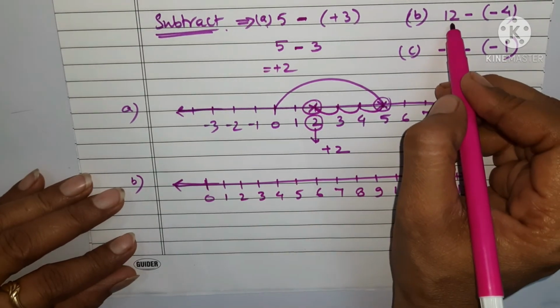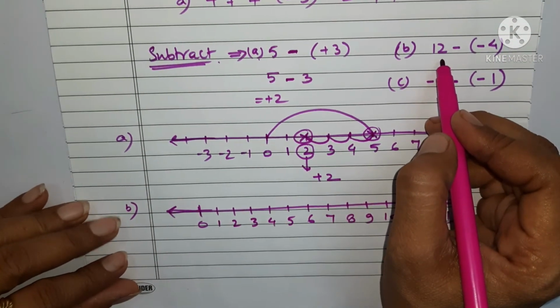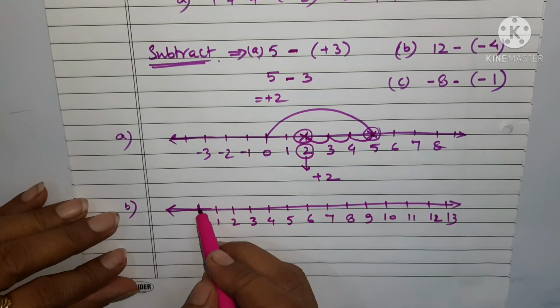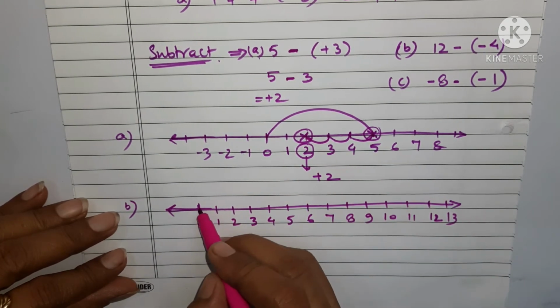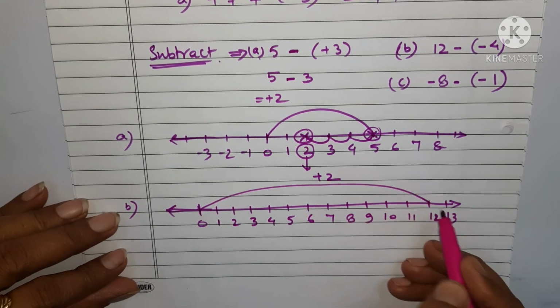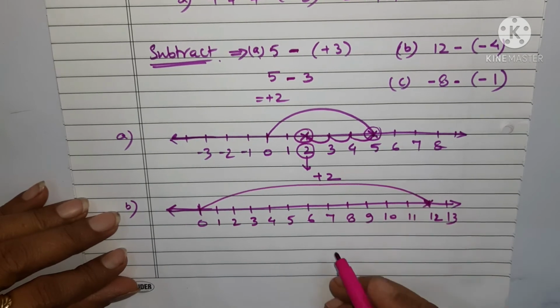Now see here, the first number is what? Plus 12, right? So again you will move from 0 to 12 units, that is up to here, right?